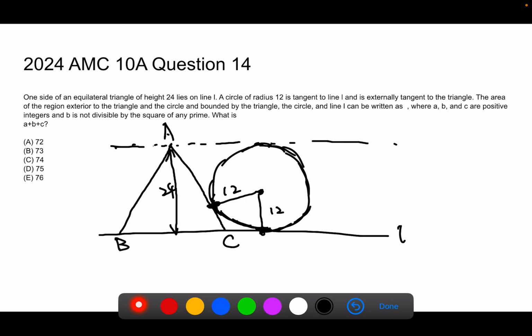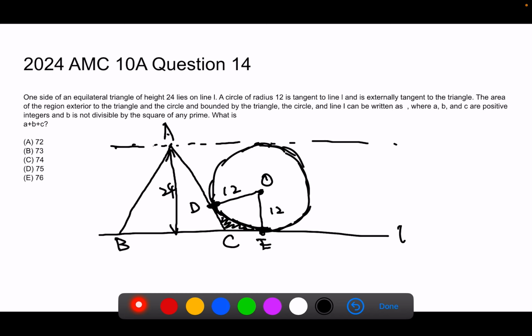Now, they are asking what is the area of the region external to the triangle and the circle and bounded by the triangle, the circle and line L, which is basically this region. So they want you to figure out, let's call this point D, E, O, sort of like this DCE, which is not a triangle, but how big is this area?